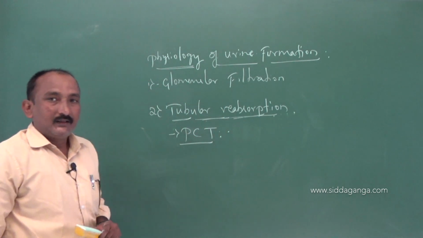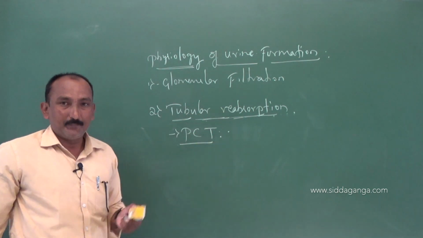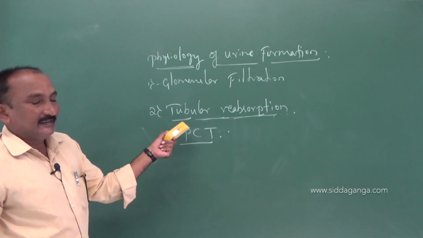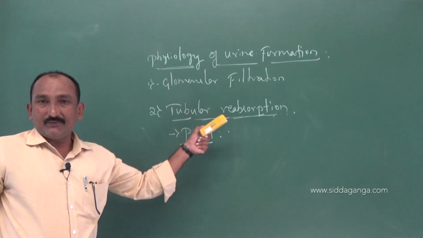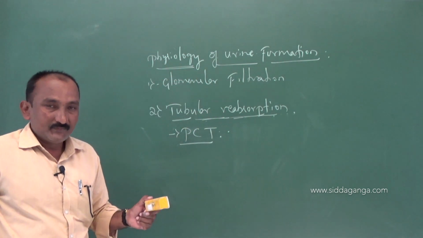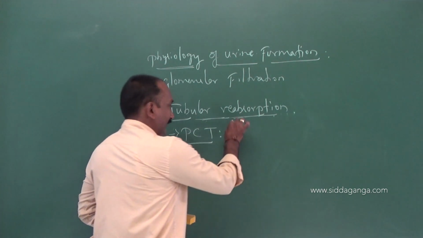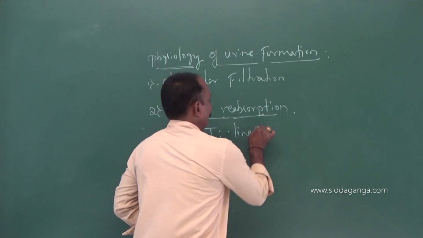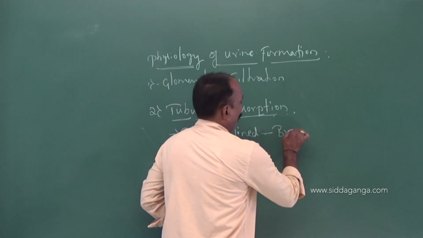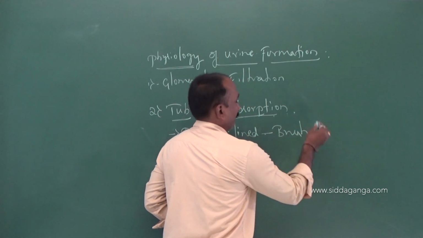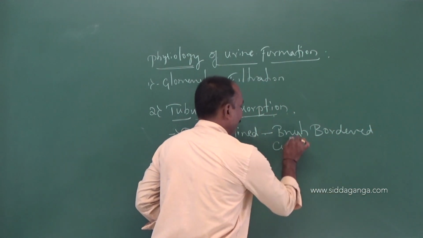What about the involvement of the proximal convoluted tubule in tubular reabsorption? Of course, it is the much coiled tube present at the base of the Bowman's capsule of the nephron. This proximal convoluted tubule is lined with brush bordered cuboidal epithelium.